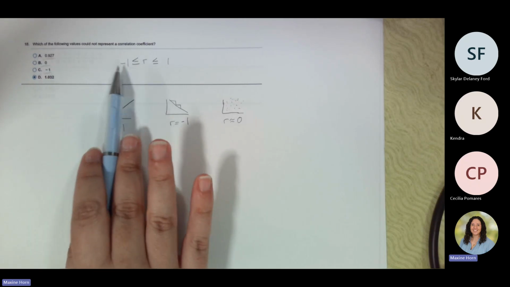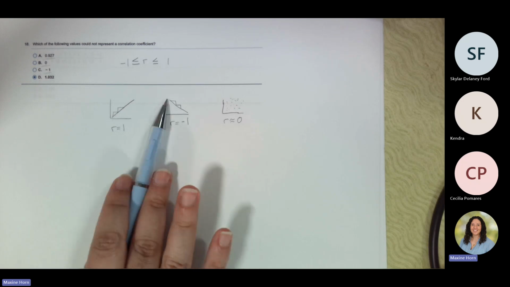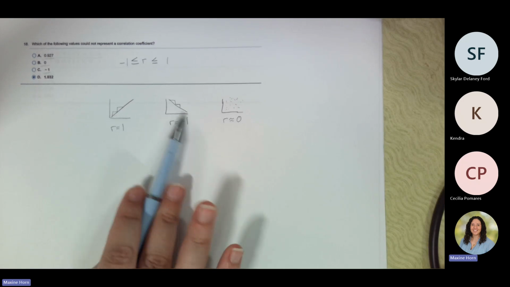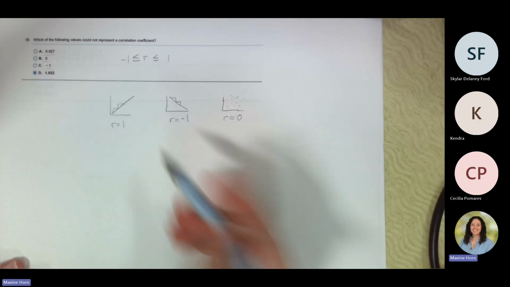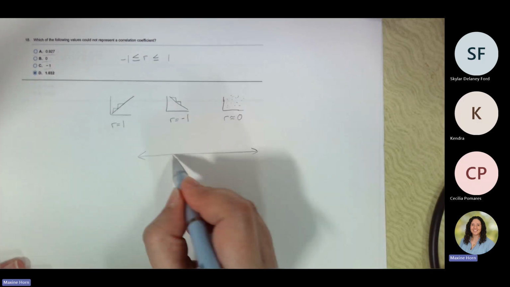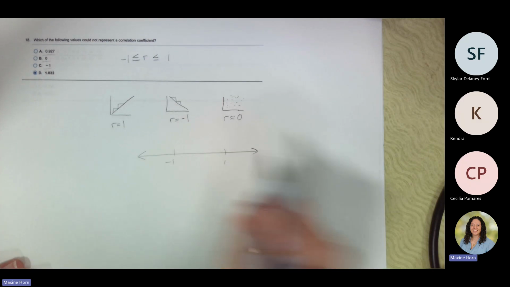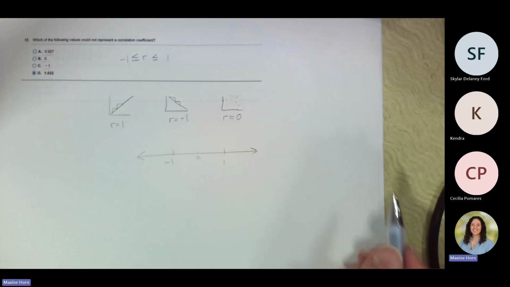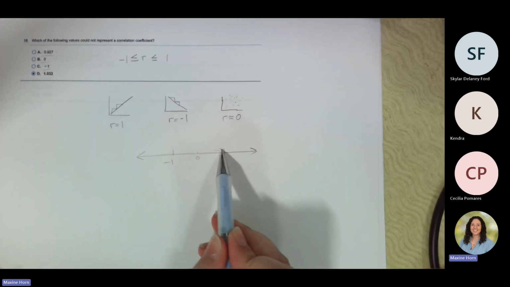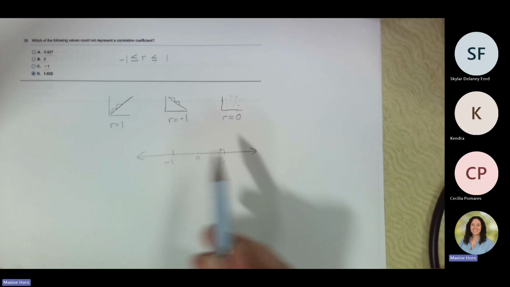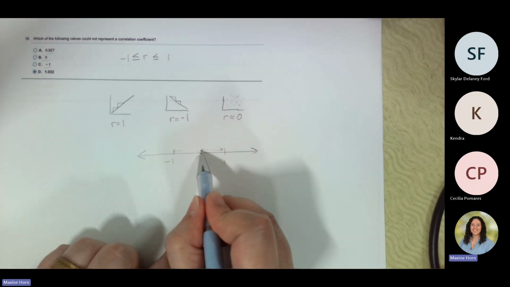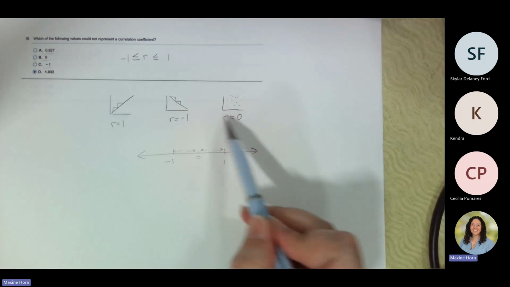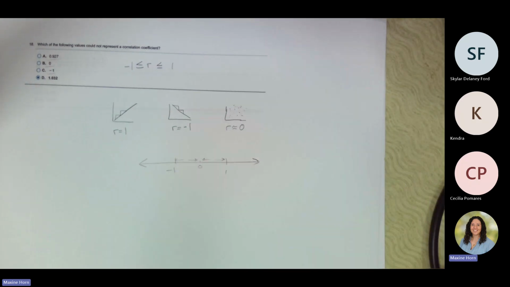The closer you get to -1, the closer you are to having a really strong negative correlation. But when you come into 0, because you kind of picture a number line, like here's -1, here's 1, and where's 0? 0 is directly in the middle. So if you get close to this, that's really strong. If you get close to this, that's really strong. But if you get close to the middle, then there's not a strong correlation.